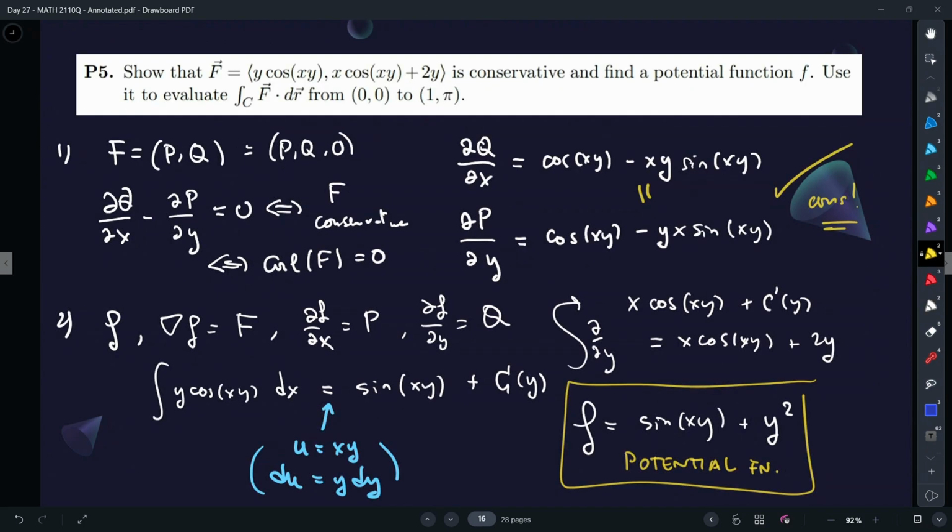Yes, the statement said to evaluate from 0, 0 to 1, pi. And the fundamental theorem of line integrals tells you that the path actually doesn't matter. No matter what path I take, the integral will be the same as long as it's a relatively smooth path.